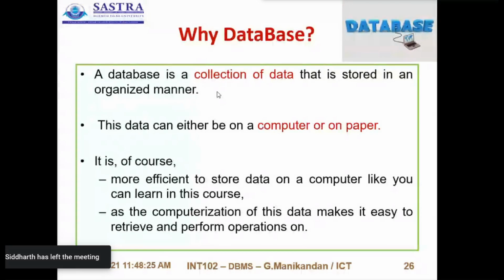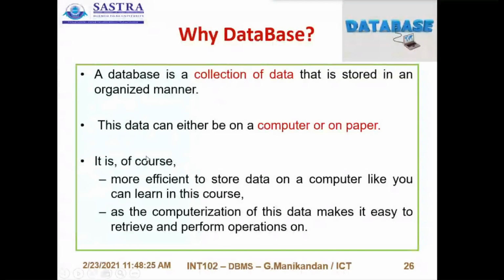Which one is efficient? Obviously, a computerized database provides various flexibility to the users: easy to access, easy to update, easy to locate. All those options you have with a computerized database.